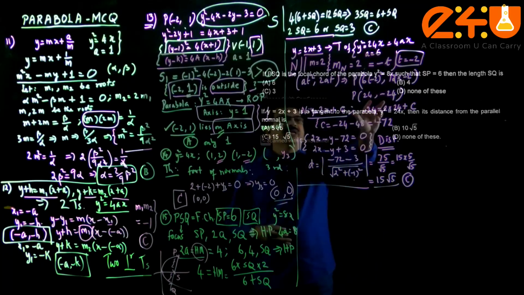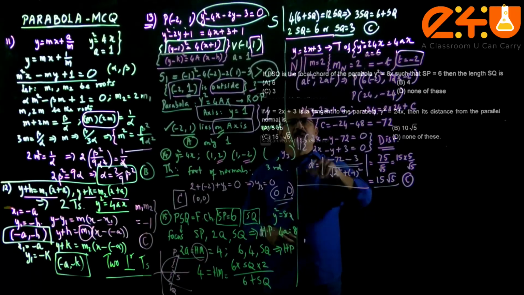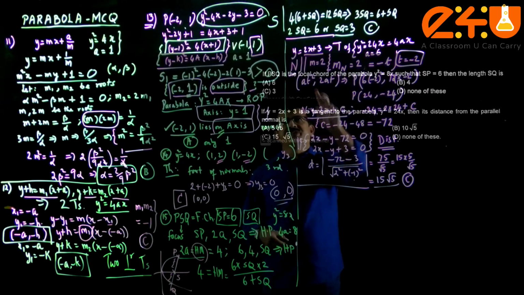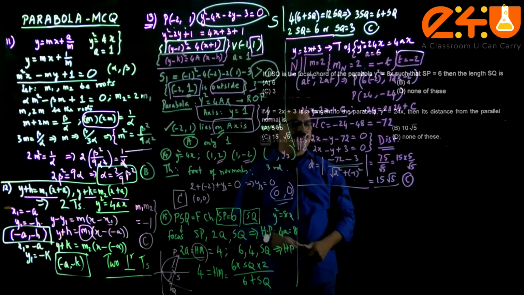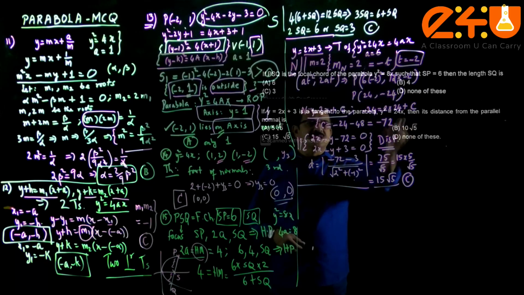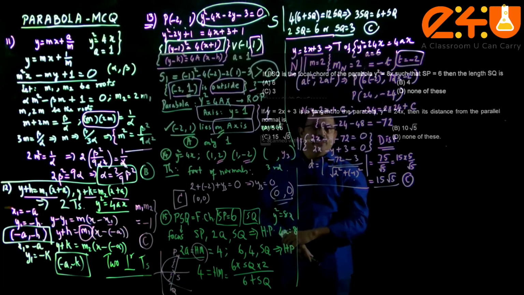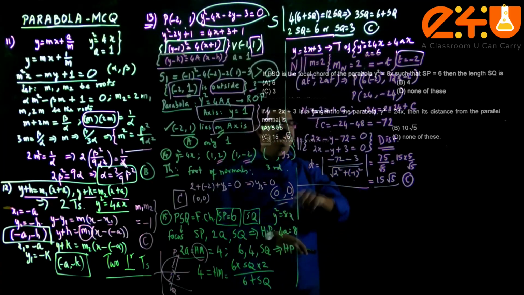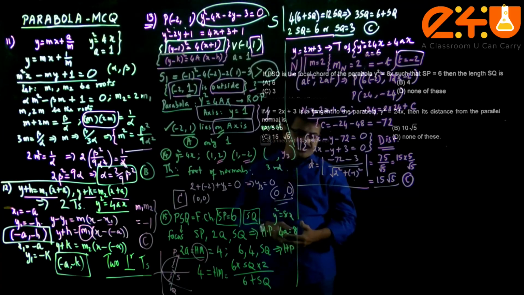That gives us the point 24 comma minus 24, and that helps you discover the equation of the normal by changing the constant term only, because any line parallel to y equal to 2x plus 3 is also y equal to 2x plus a different constant. You discovered the constant as minus 72, then you are able to get the distance between those parallel lines using the formula C1 minus C2 divided by root of a square plus b square. You get 15 root 5 as the answer.